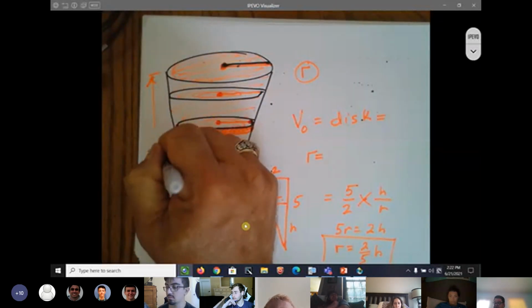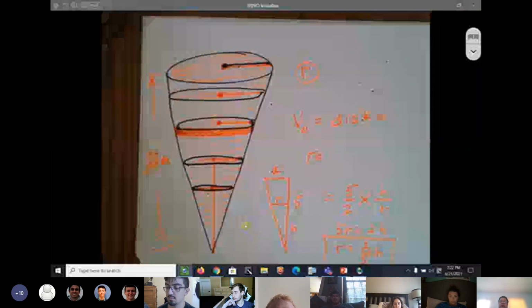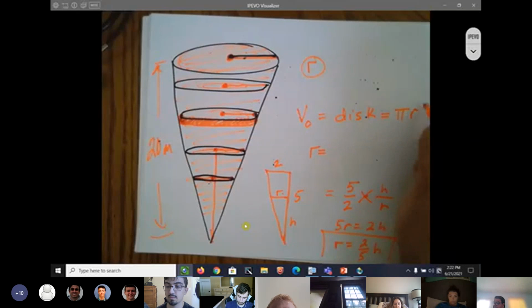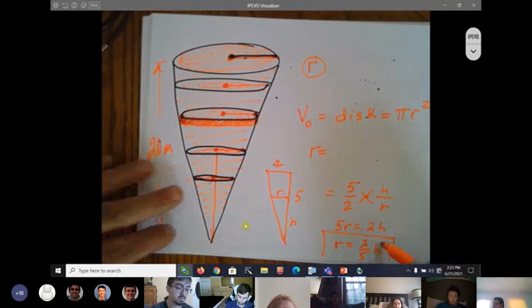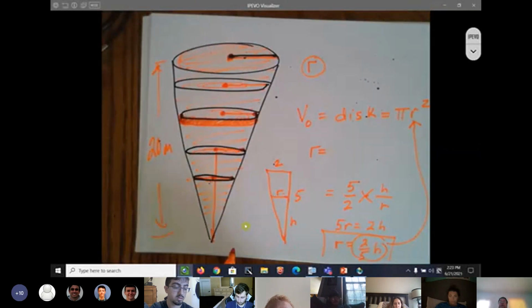You know the height. So that's irrelevant. The R has to be plugged in. Pi R squared. So that R is going to be substituted in as far as height. Everybody with me?